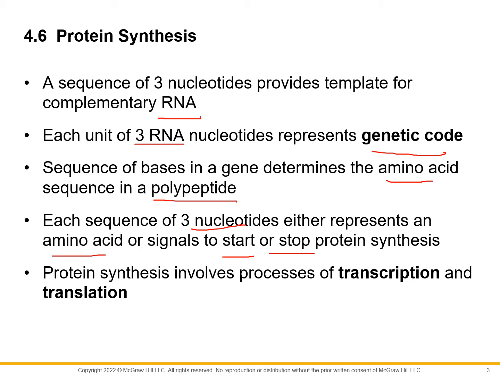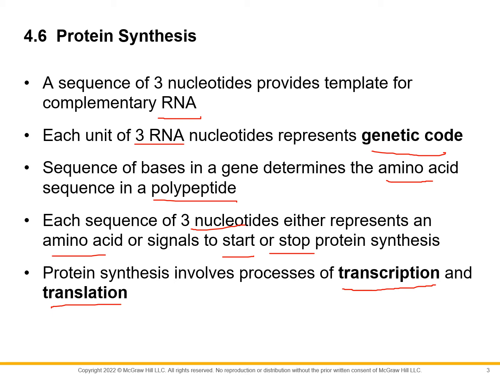Now, protein synthesis is going to involve 2 steps. One is called transcription. We'll look at that in the next video. And the other one is called translation, and we'll look at that in the video following. Transcription literally means to write something down. So if you took notes while someone's talking, what you were doing is transcribing. You were writing something down.